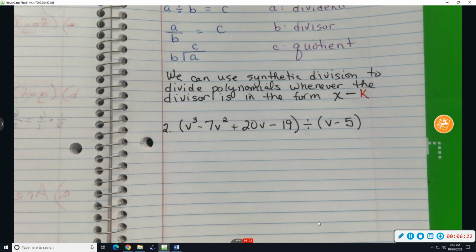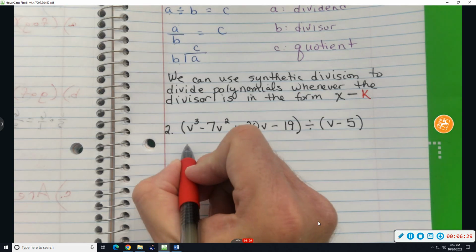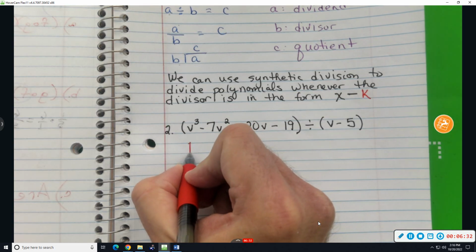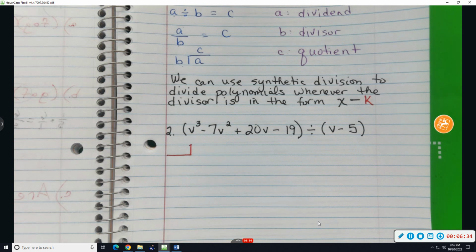To set up synthetic division, I'm going to use 3 lines here. I start by drawing a backward L. Technically, that's not backwards, because a backwards L would be like drawing the long one down and then the little line on the other side.